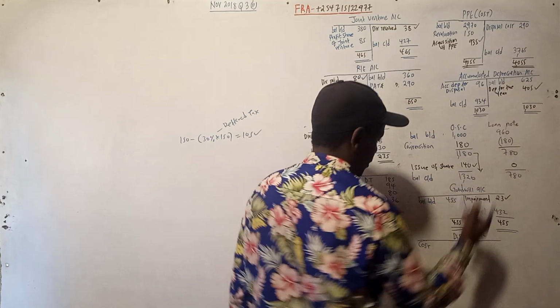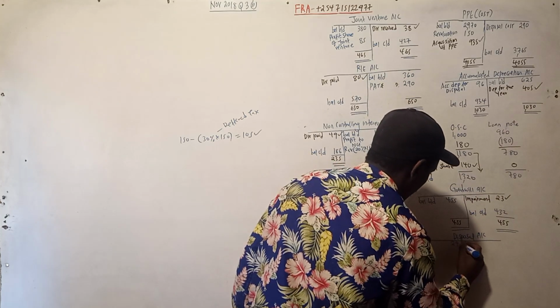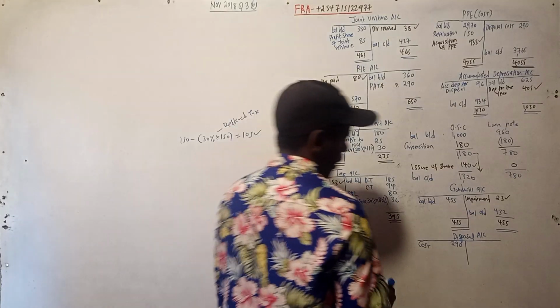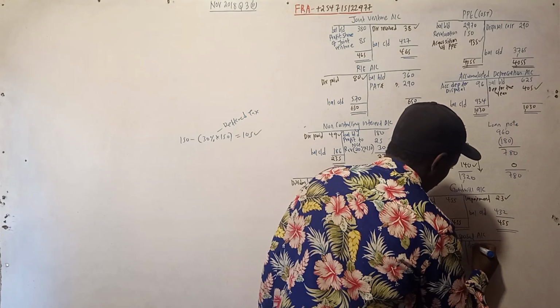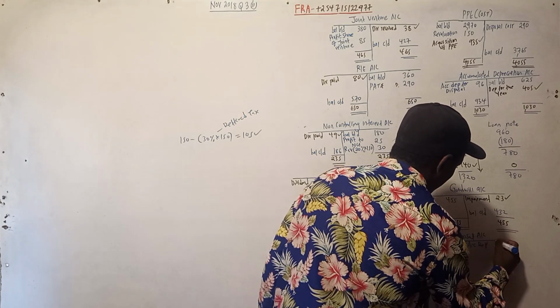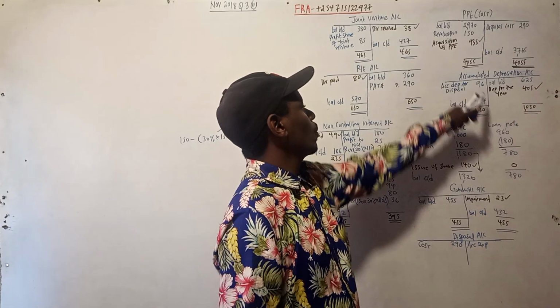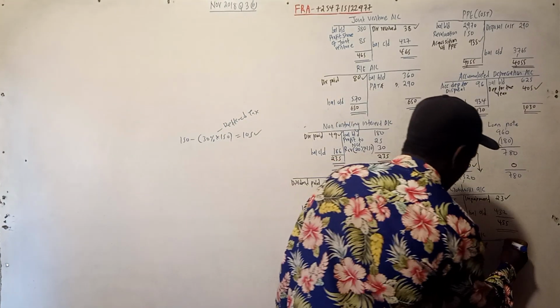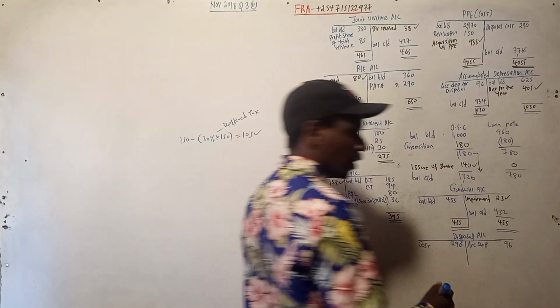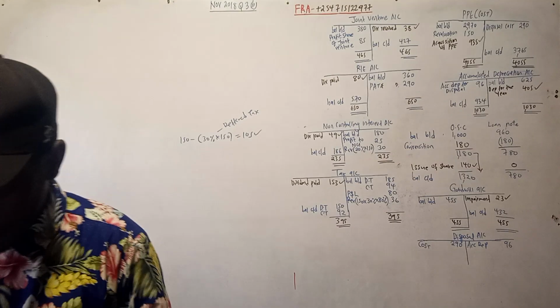Disposal cost was 290. You can check it. Then we need to put the accumulated depreciation. The accumulated depreciation for the disposal was 96. Now we check if there was any gain on disposal.